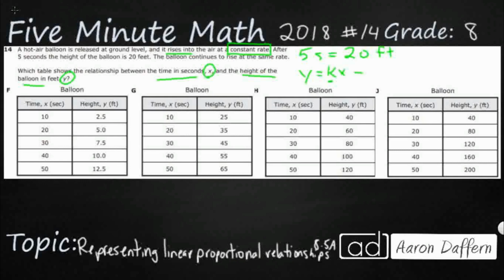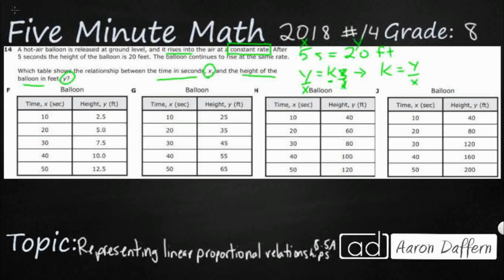And hopefully that's making us think of something we learned last year in 7th grade about how to find our constant of proportionality. And so we just need to figure out what is that constant right there. And so obviously we're just going to divide. What we did here is we just divided both sides by x. That's where that comes from. And so it says that our time is x, and it says our height is y.